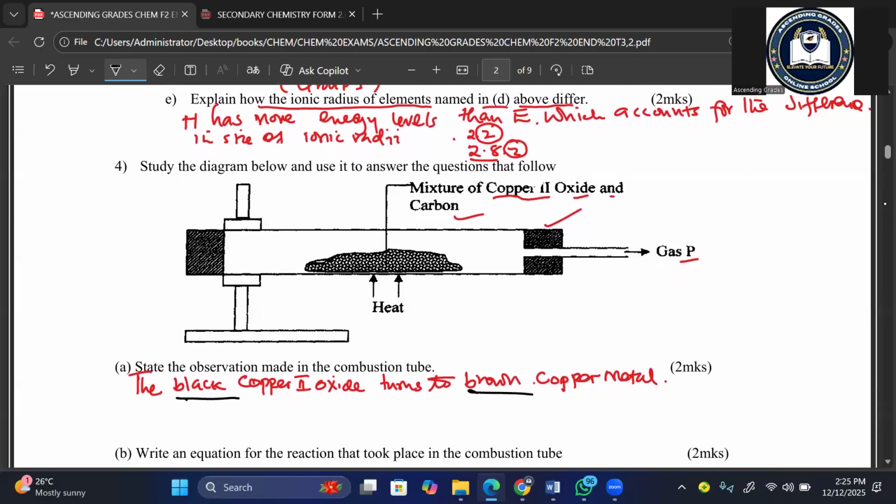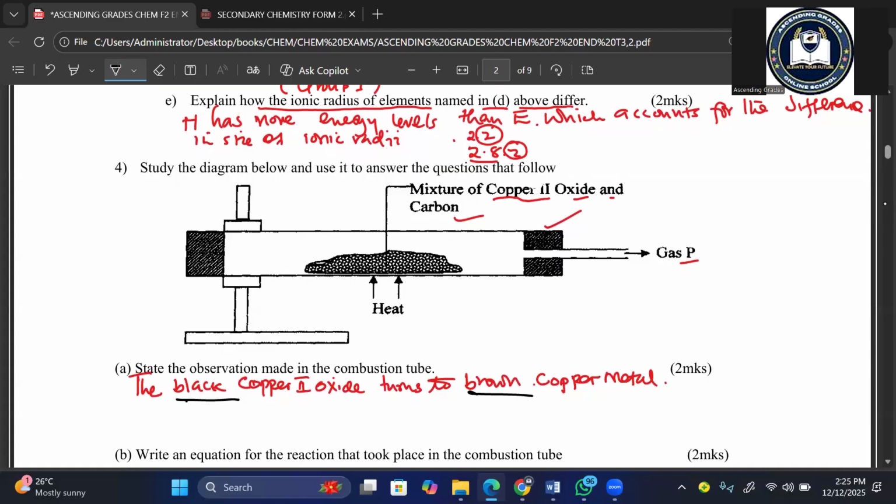Write an equation that took place in the combustion tube. So it is copper 2 oxide, then you're going to get copper metal plus carbon 4 oxide.